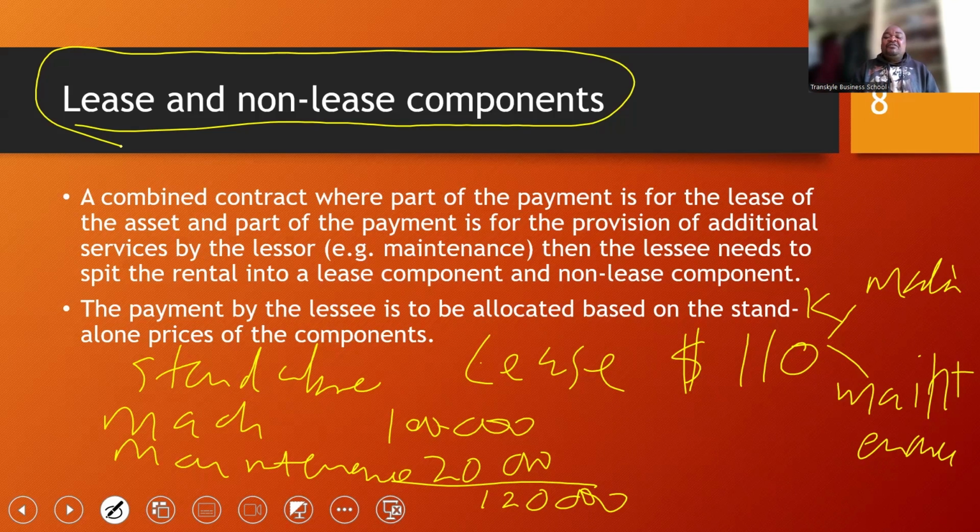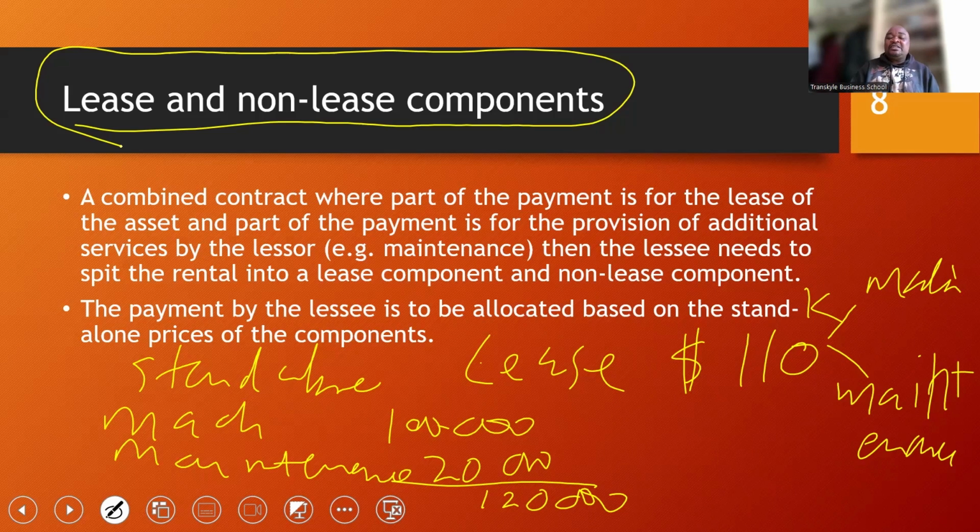If the machine is going to go without the expert, the rental is 100,000. If the expert's time is going to be hired as an independent service, he charges 20,000. So if you add up, you come to 120.